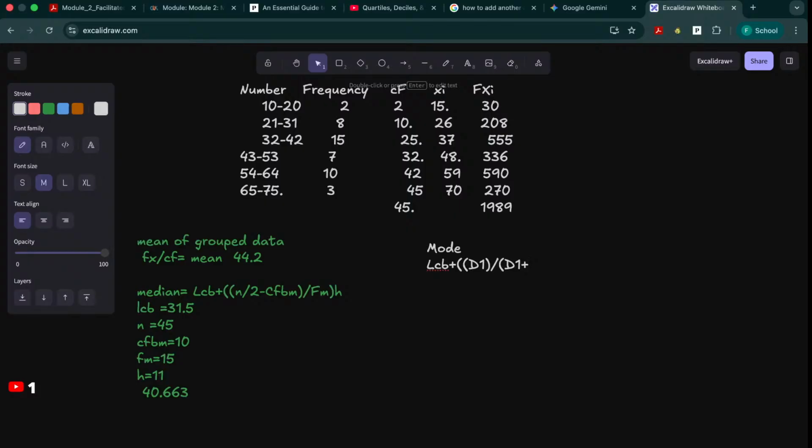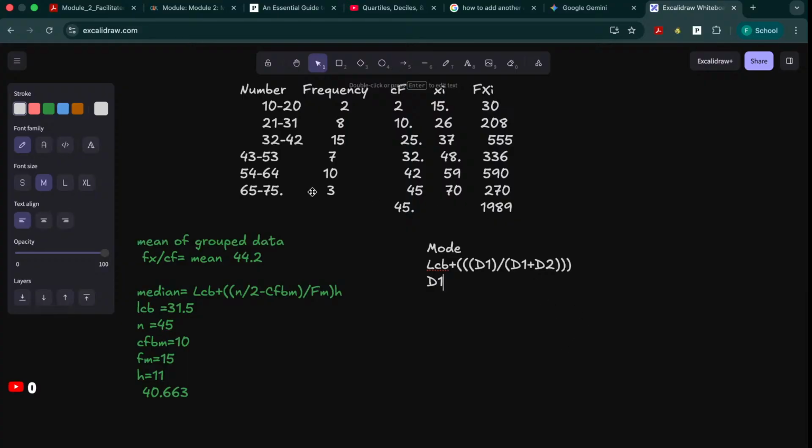So what does delta represent? Delta just represents changes. So we do delta 1.